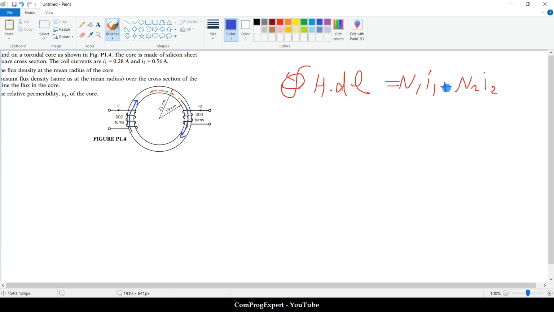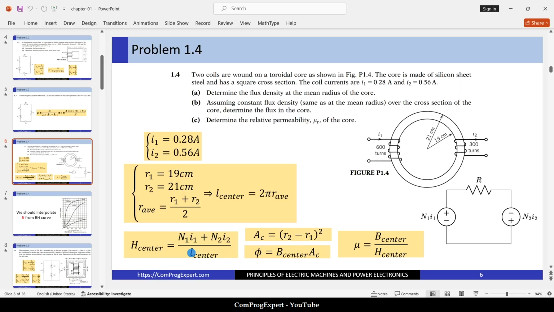Otherwise, we should consider a negative one. So this is the current enclosed by this path. So you can write here, if you consider H equal along this path, the tangential component, H times 2 times pi R average is equal to this summation. And finally, we can calculate the value of H.